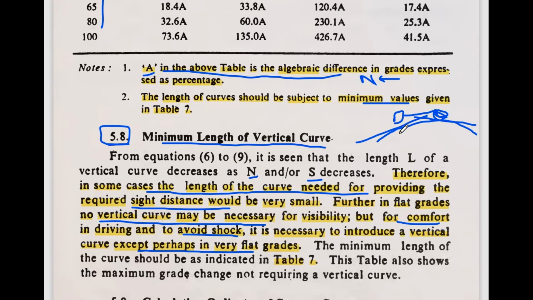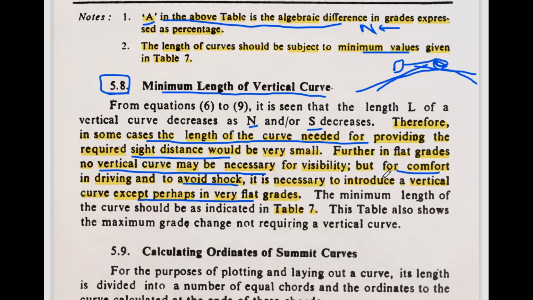So the minimum length of vertical curve should be given, that is mandatory for every possible condition except very flat grades. There is table 7, which talks about the minimum length of vertical curve. That means this much length has to be there for the vertical curve. So we'll see this table 7.